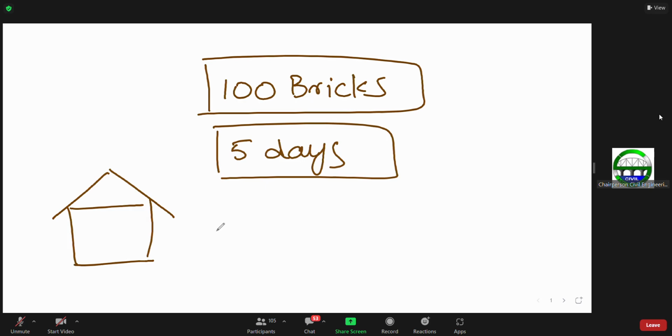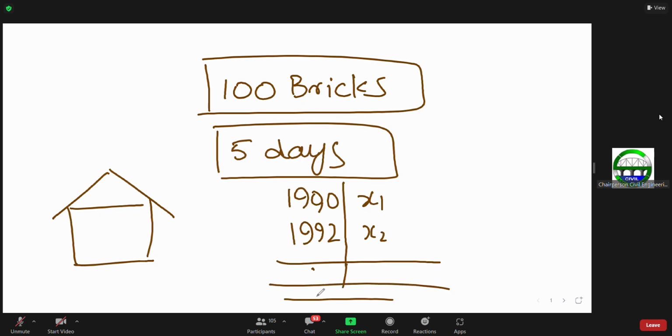Also, sometimes it happens with population. For example, in 1990 the population was x1, in 1992 the population is x2, and so on.